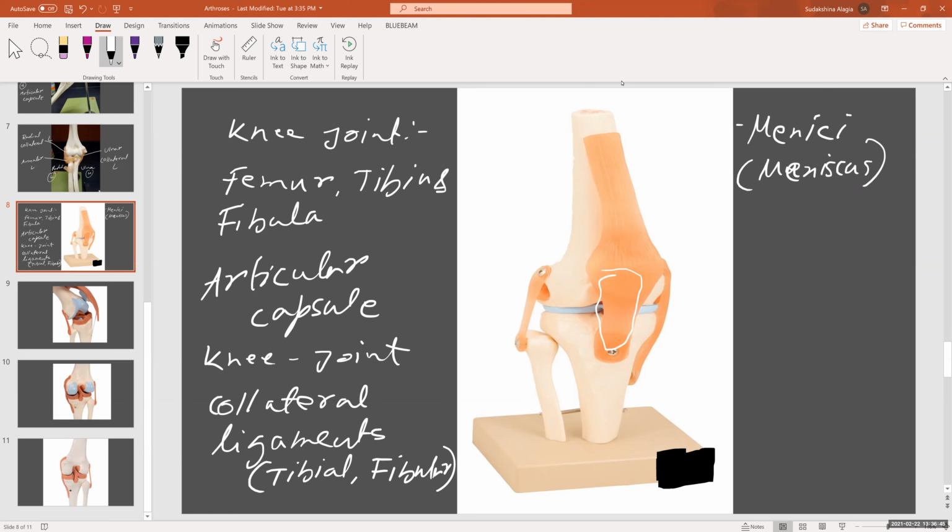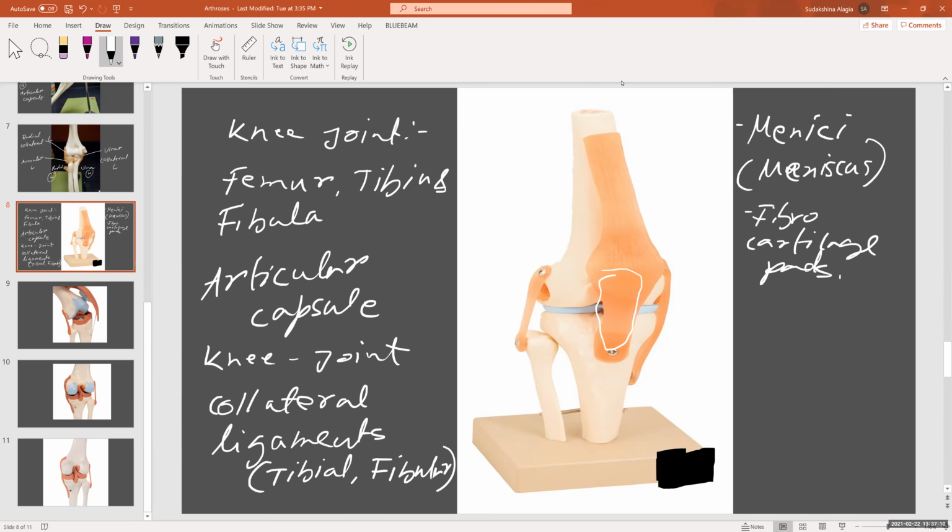Basically, these are fibrocartilage pads used for shock absorption and proper articulation between the femur and the tibia.